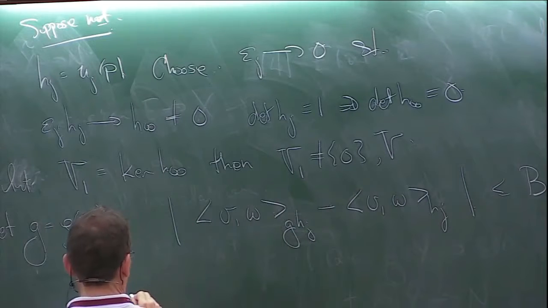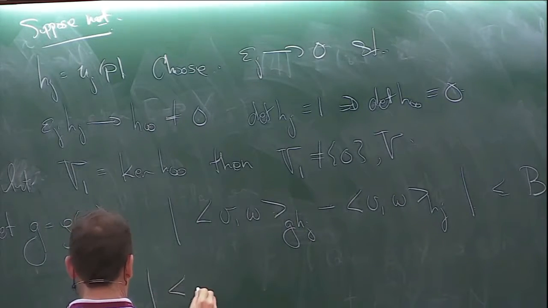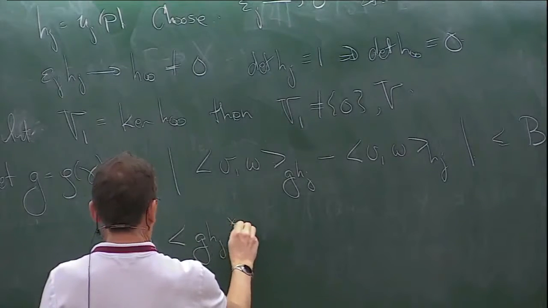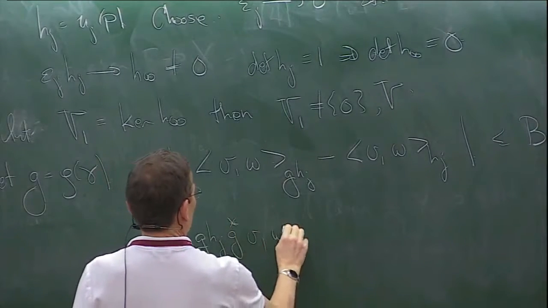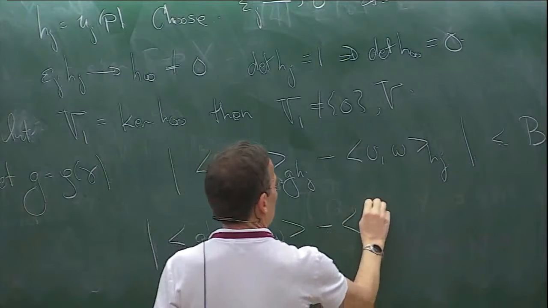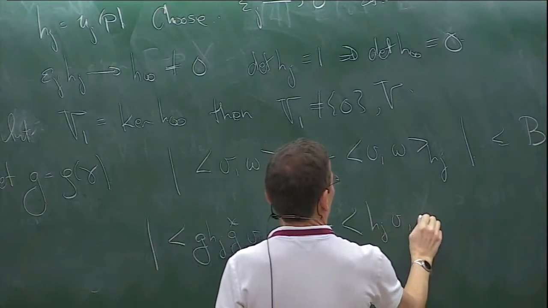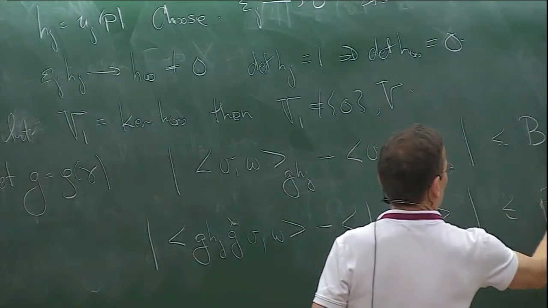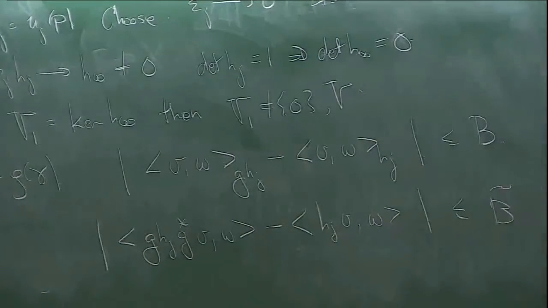This is the standard metric conjugated by G. This is the standard metric inserting H, and this is bounded maybe by some other constant. All right, now multiply by epsilon j, and let j go to infinity.